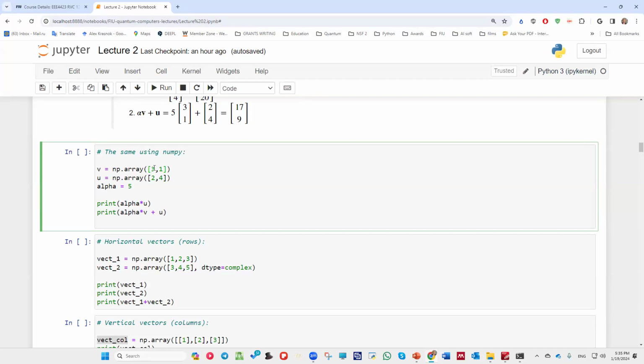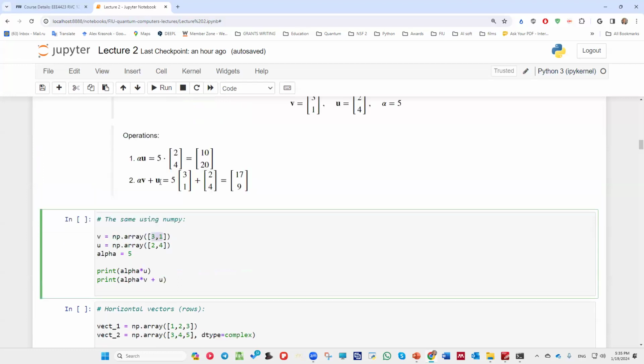in these rectangular brackets, I simply write the components of the vector. In this way, it is going to be a horizontal vector with components 3 and 1. In the second line, I create another vector u, with components 2 and 4, and the parameter alpha.